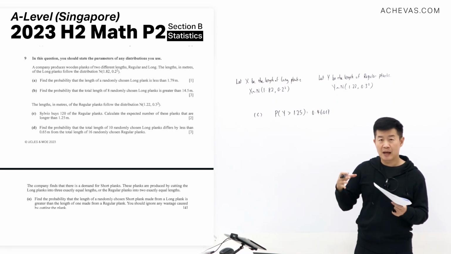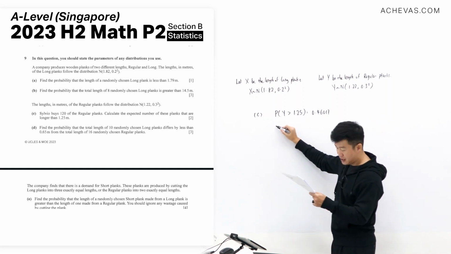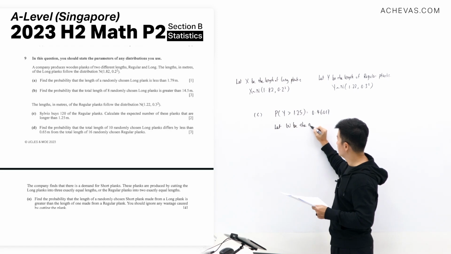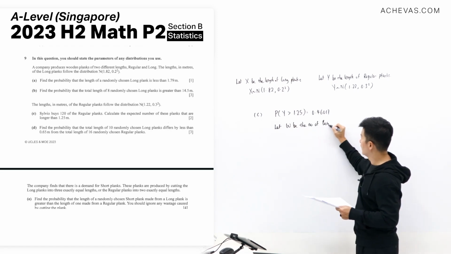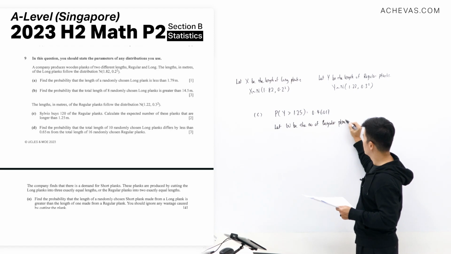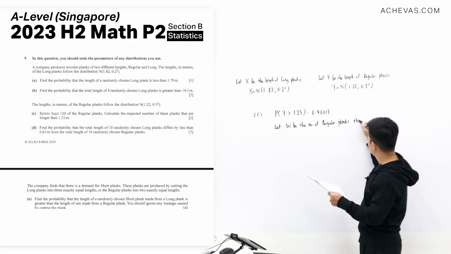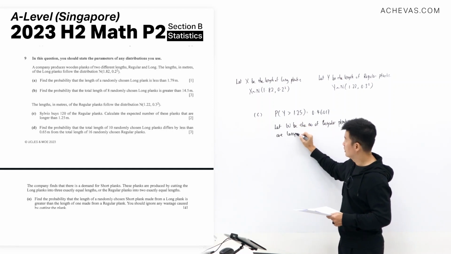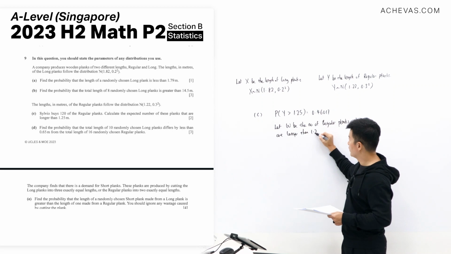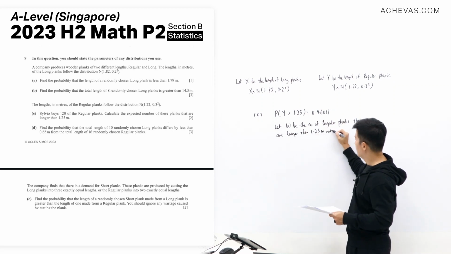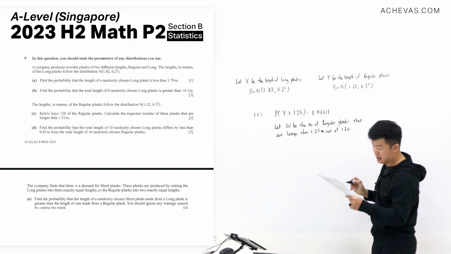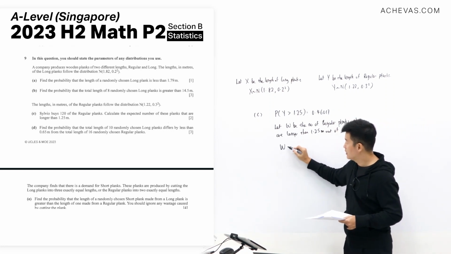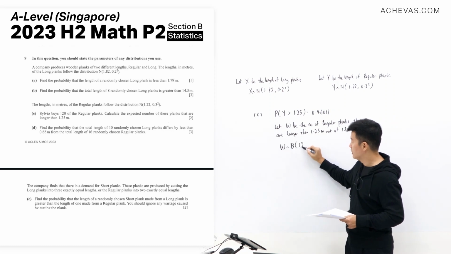So I'm going to introduce binomial distribution in my calculation. I am going to let W be the number of regular planks that are longer than 1.25 meters out of the 120 regular planks, which means that W here will follow a binomial distribution.